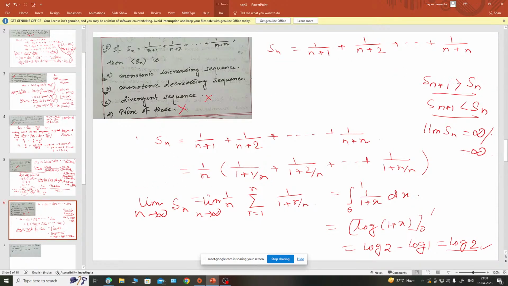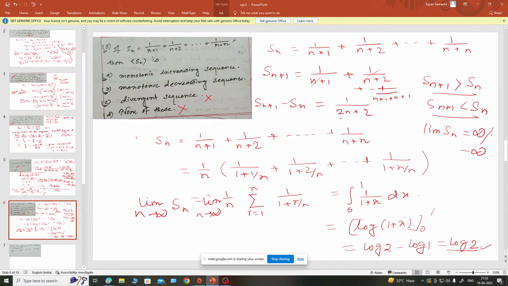So xn is this type of relation. So xn plus 1, we can see that 1 by n plus 2 and so on, 1 by n plus 1 plus 1 by n plus 1. If we subtract xn plus 1 minus xn, so this term neglect, this term neglect, so only this term exists, 1 by 2n plus 2.